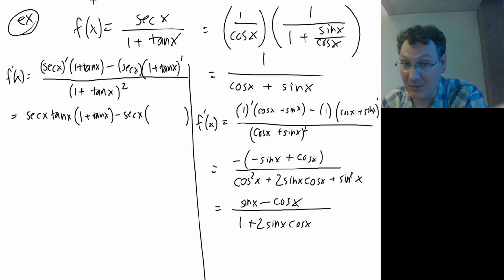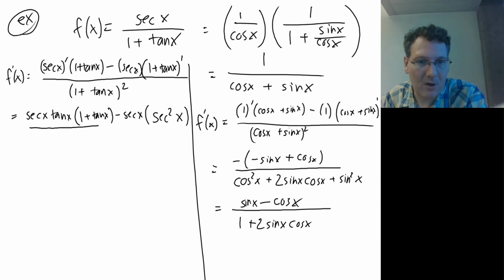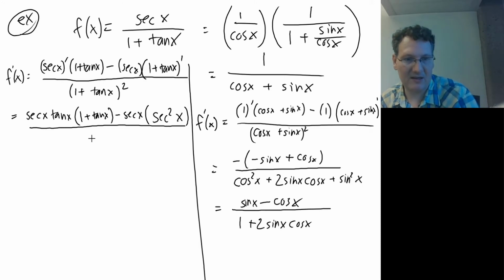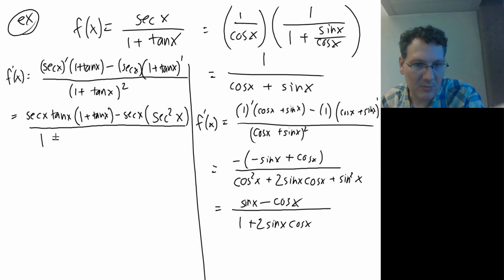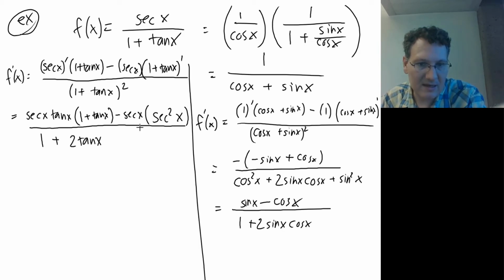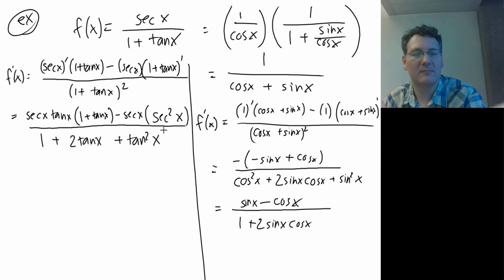The derivative of 1 is 0, and the derivative of tangent is secant squared x. All of this over 1 plus tangent x squared, which I'm going to write as 1 plus 2 tan x plus tangent squared x.